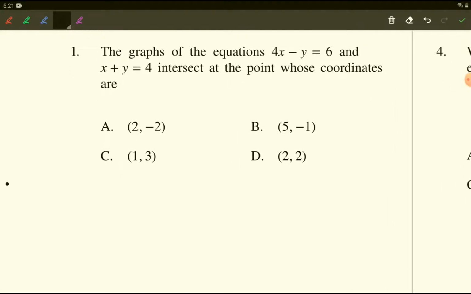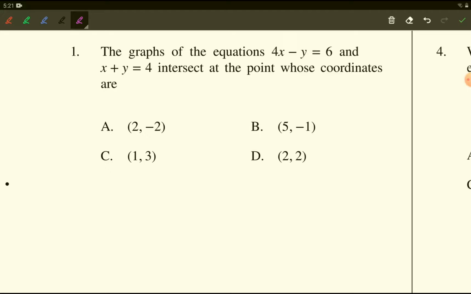So number 1 says the graphs of the equations 4x minus y equals 6 and x plus y equals 4 intersect at the point whose coordinates are A, B, C, or D. So all it's telling you to do in too many words is set up a system of equations.